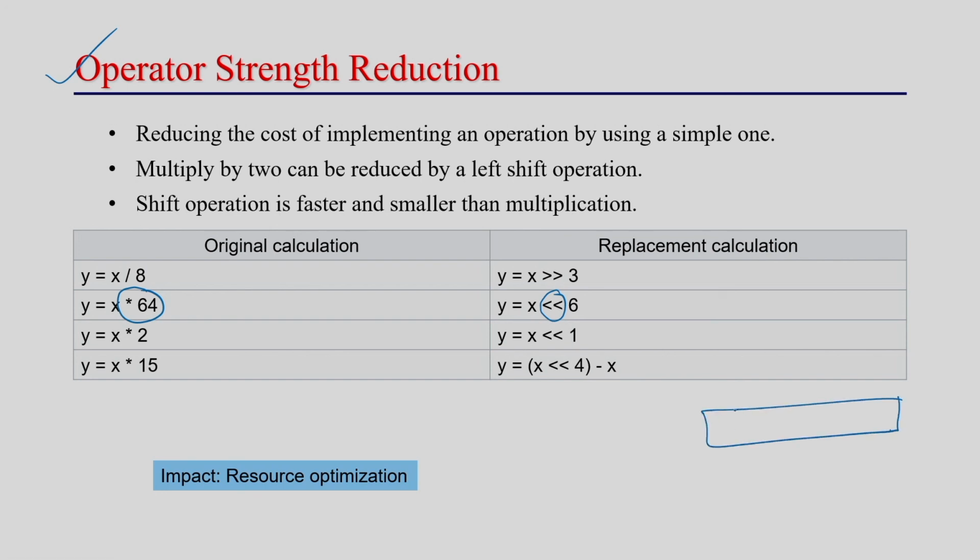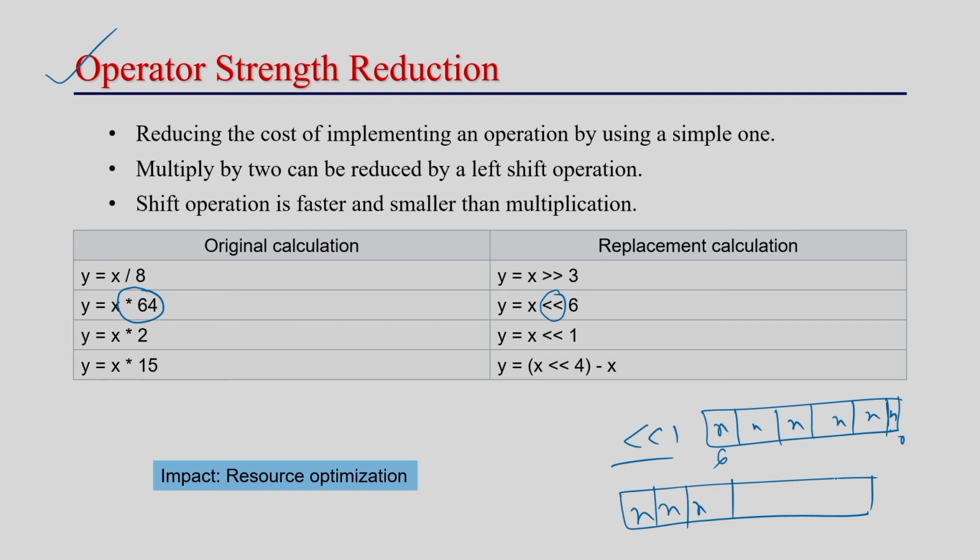Suppose you have, say, 0 to 6 bits and you want to left shift by 1, right. So, what is it basically? You just put whatever the value is, say x, you put these x bits in their shifted positions and you just put a 0 here, right. So, it is basically the bit assignment: this is coming here, this is coming here, this is coming here, and the 0 is coming here.